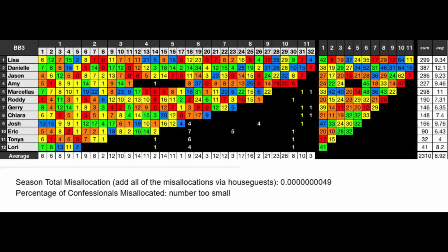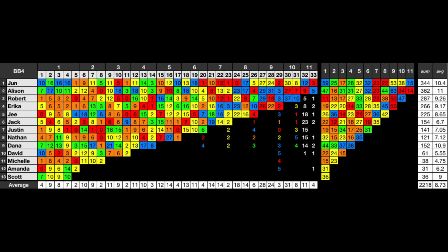Next is Big Brother 4, which has an overall confessional amount of 2,218, and the episode sum of the season is 254, where I added all the episodes that each contestant was in, causing that number.